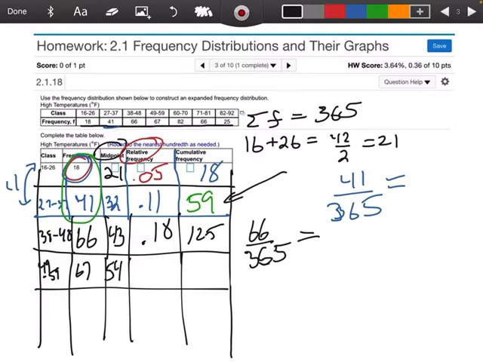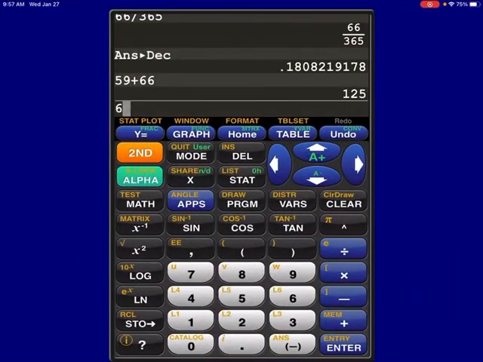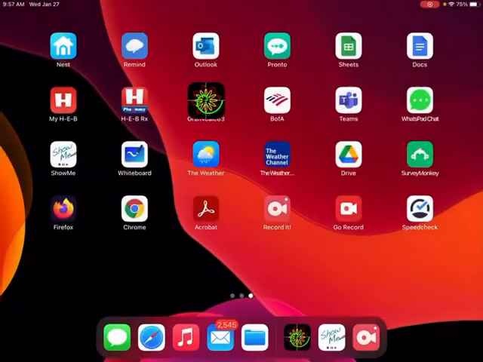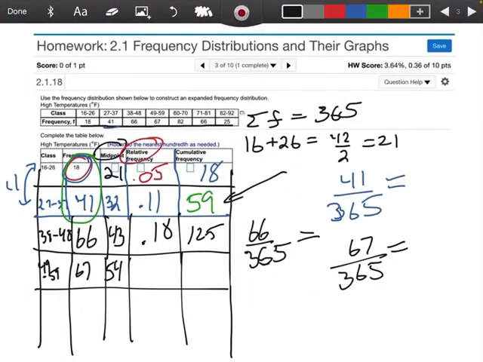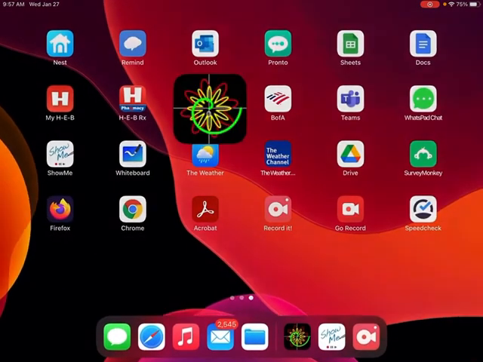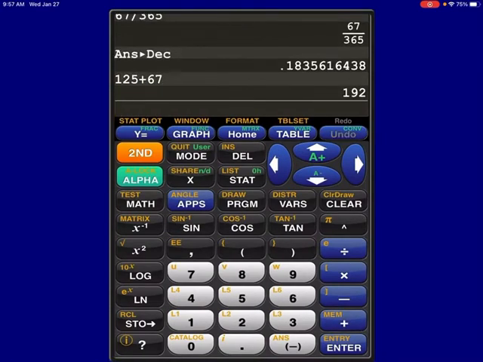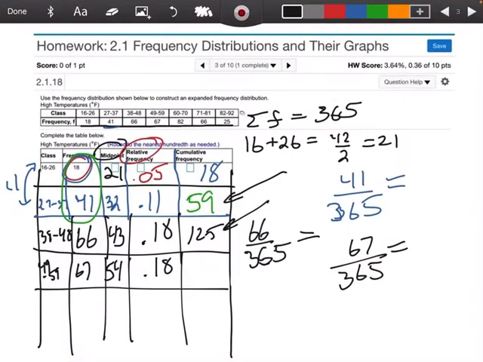We do our relative frequency, so we take 67 over 365. 67 divided by 365, and math to a decimal is 0.18. And 67 added to the 125 gives my cumulative: 125 plus 67 is 192.